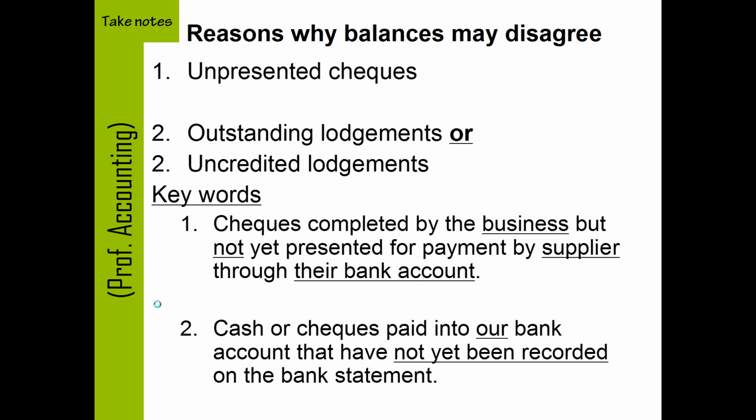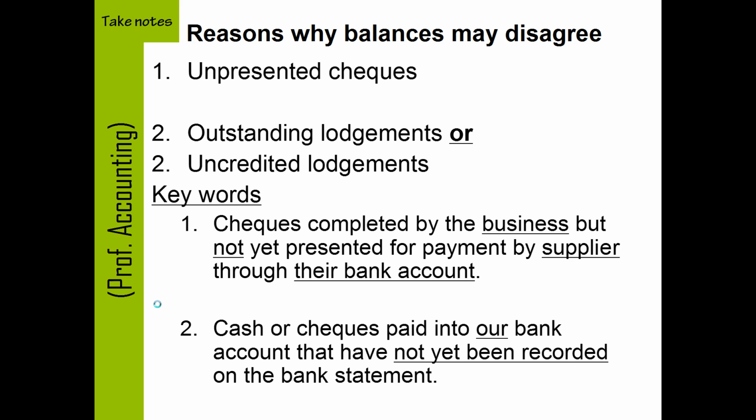Okay, so this is money we've received and it's gone into our bank account, it's gone into our cash book, so we've recorded it in our cash book entry, it's actually gone in the bank as well, all wonderful. However, the bank statement hasn't got a record of it yet because of the timing differences between processing that deposit and the printing time and the delivery time of a bank statement.